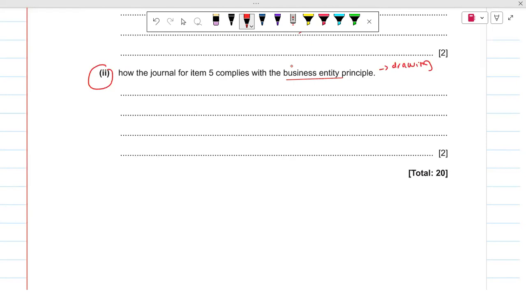And whenever an owner is extracting some goods or cash from the business for his personal use, we have to maintain an account for drawings and we will deduct the drawings from the capital. So it means that business has its own legal identity. So we cannot use the money and resources of the business as per our needs. So this drawings concept totally complies with the business entity principle.